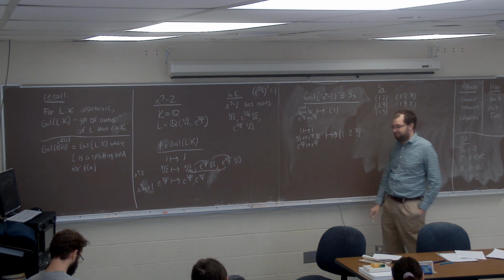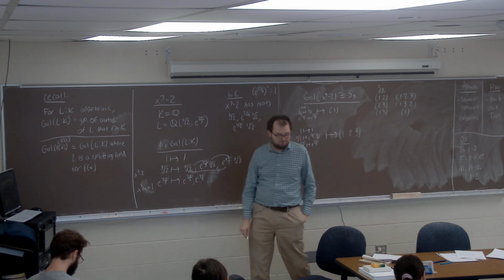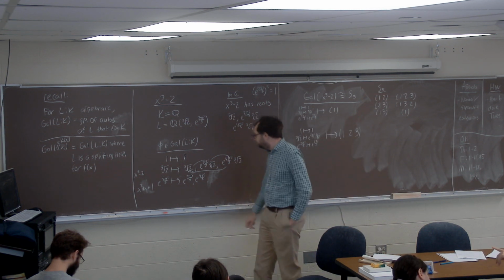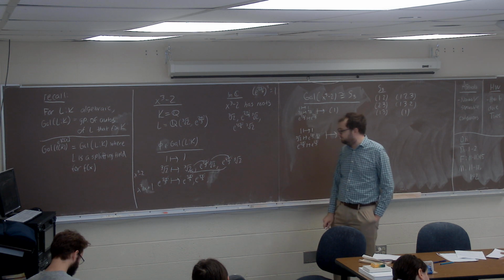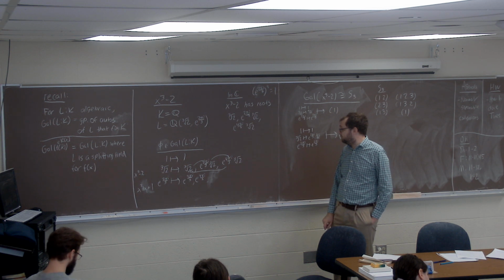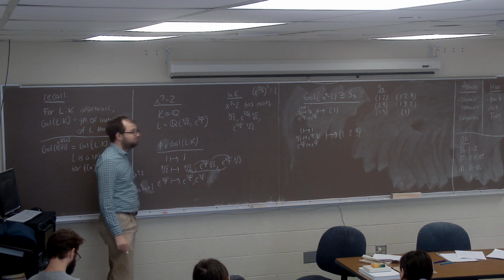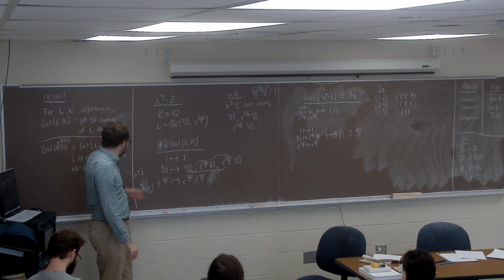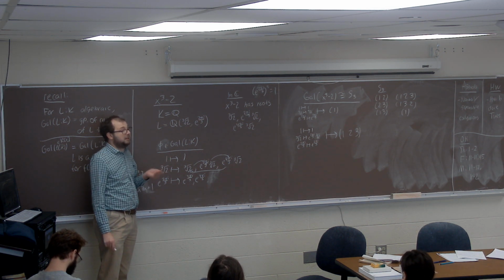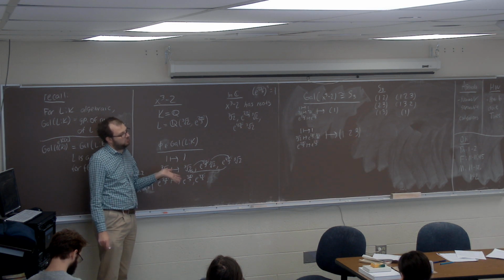If we had made the second extension that we did square root or cube root of 2, e to the 2 pi i over 3, you can actually write the cycles out and you'd end up getting the same thing, just written slightly differently.